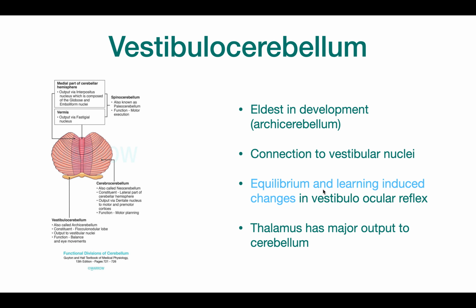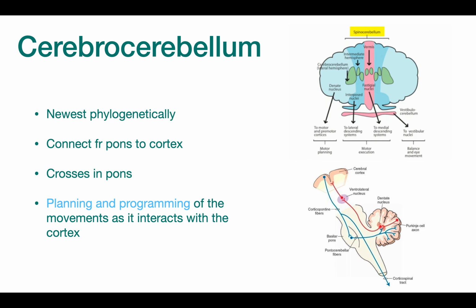There's a difference in equilibrium. When you go on roller coasters, or when you go and fly, there's a change. So these are learned. When you go into an airplane, you know that feeling of takeoff. You're feeling the G's. So these are your learned changes.